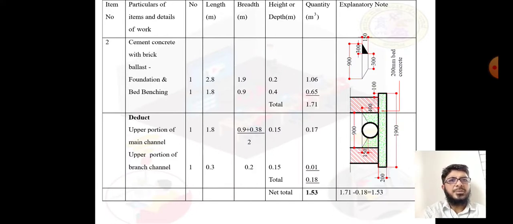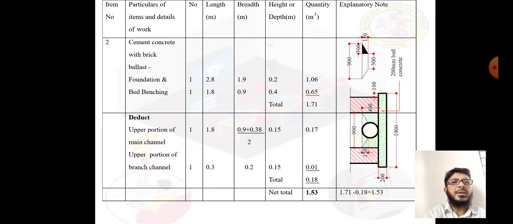One is foundation, and the next one is bed benching. At the side in the explanatory note you can see the sketches just for your reference. So start from the first one, foundation. For the foundation bed concrete, we know the sketch in elevation, section and plan. So number is 1.